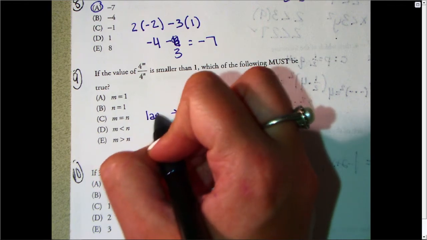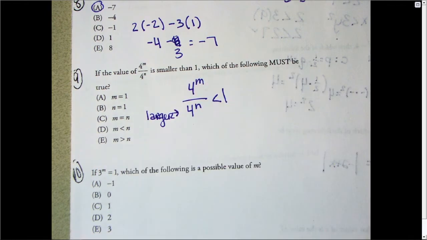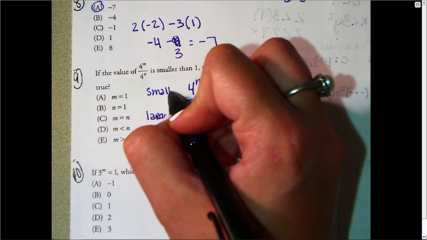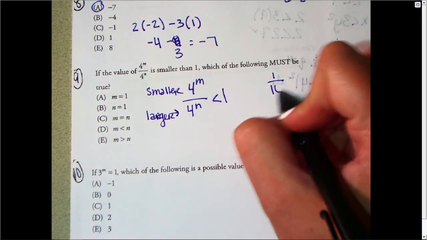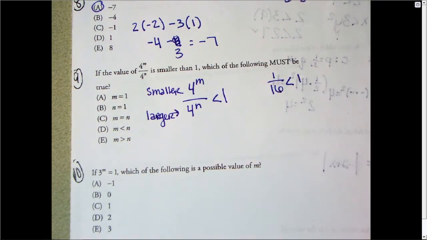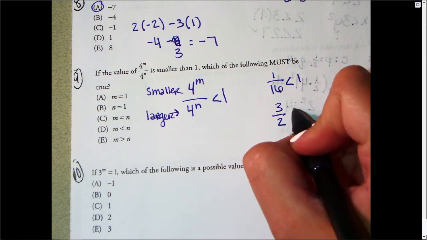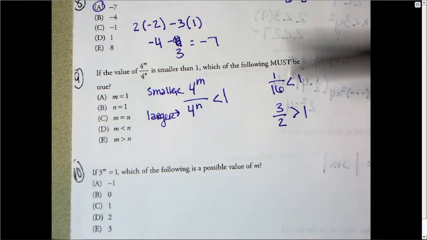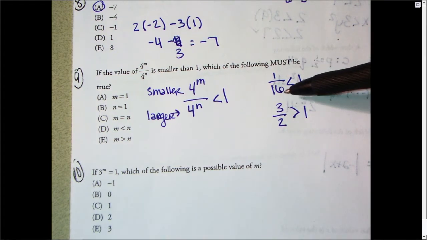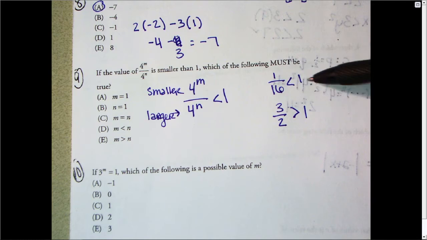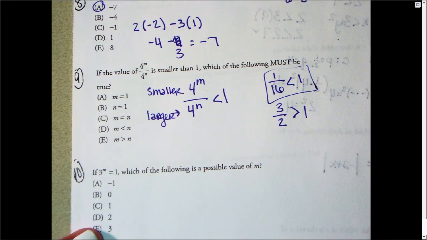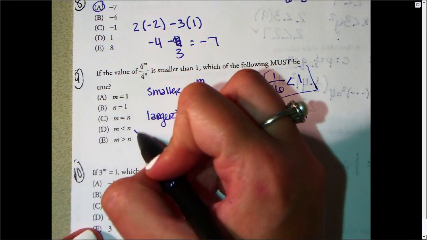We want a larger denominator and a smaller numerator. For example, 1 over 16, that is less than 1. 3 over 2 is greater than 1. So notice here, the denominator has to be larger than the numerator for the fraction to be smaller than 1. So this is our goal. We want to think big denominator, small numerator, okay?